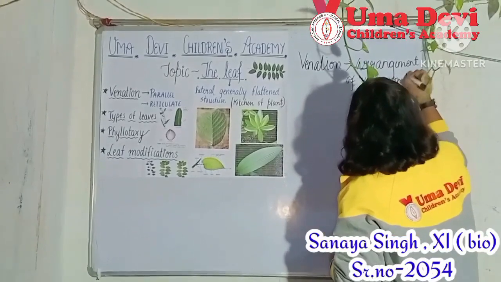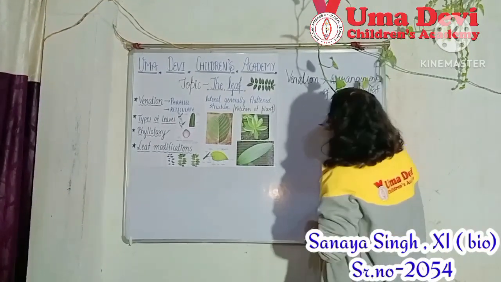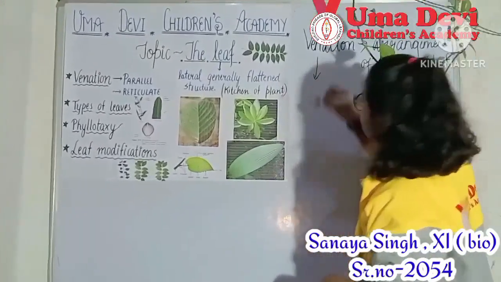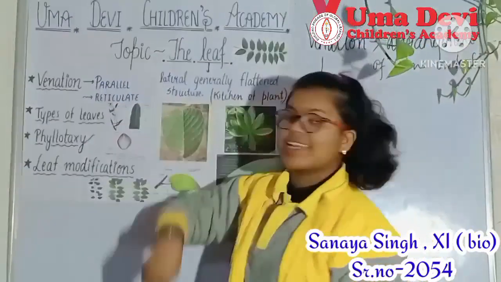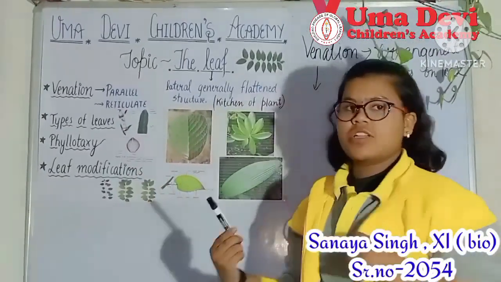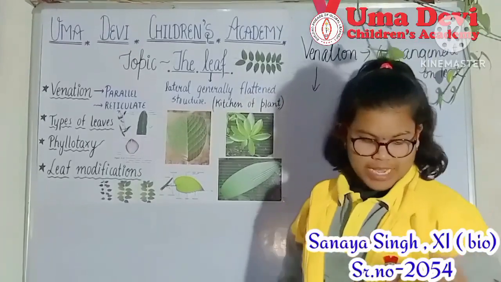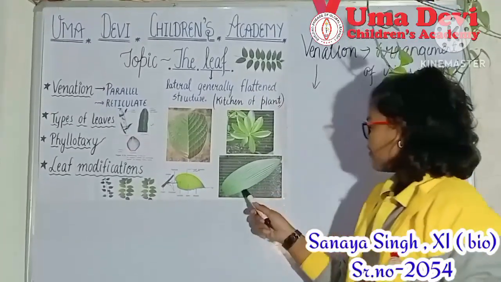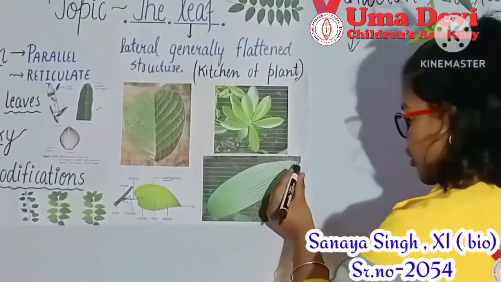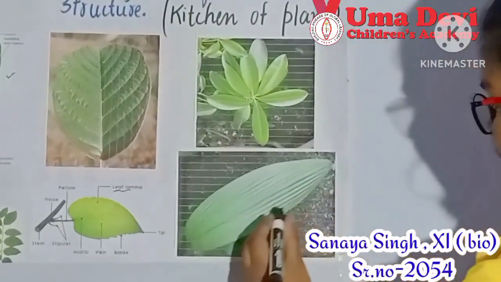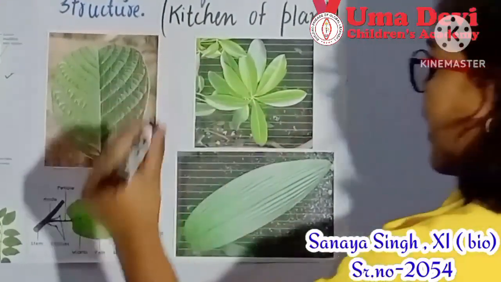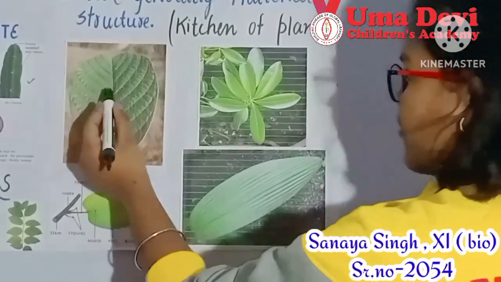There are two types of venation. You can see here the parallel venation and the reticulate venation. In a very short way, what is parallel venation? See, this is the leaf. In parallel venation, these veins are not cutting or intersecting at any point. And in the reticulate venation, see, these veins are forming a network.